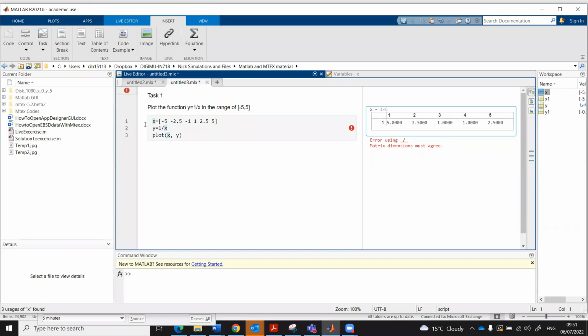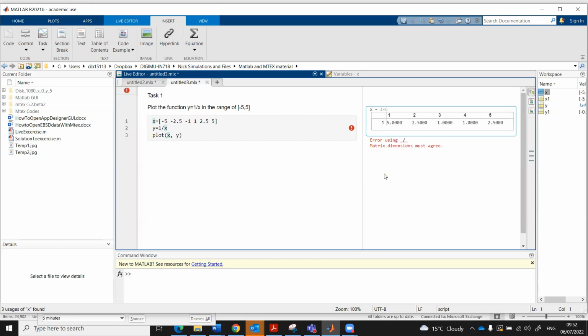So when you put this x, Matlab treats it as a matrix. When you say 1 divided by x, Matlab understands that you actually want to find the inverse matrix for x. Then it says, sorry, I cannot make an inverse matrix for you, because for that the matrix should be n by n with a non-zero determinant. Obviously, because it is only a vector, it cannot do that.